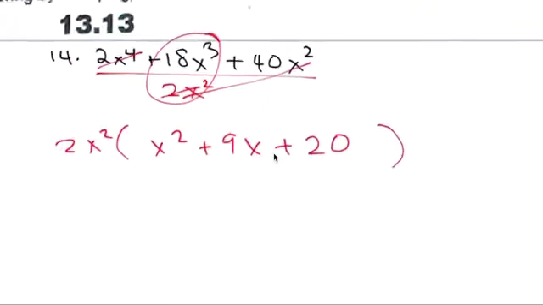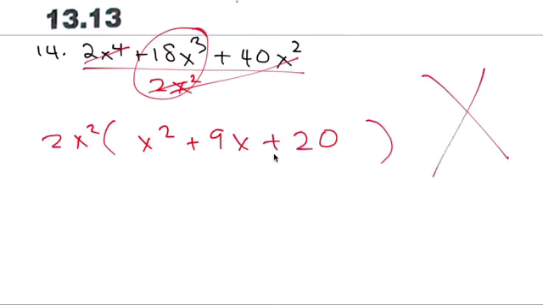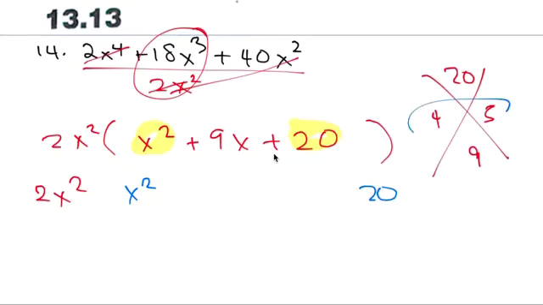No x left. You factor this here, 20 and 9, you get 4 and 5, right? So let's do factor by grouping. When you factor by grouping, you leave that x squared and 20, and now this 9x changes to 4x plus 5x, which gets you that 9x.